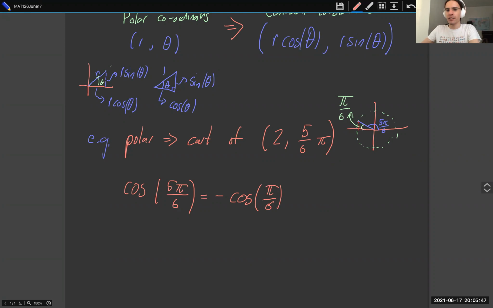The cosine of pi over 6 is this length and it's positive. But if I look at the cosine of 5 pi over 6, it's this length and it's negative, right? But cosine of pi over 6, I know, because pi over 6 is 30 degrees, right?